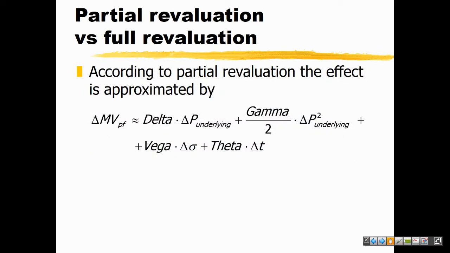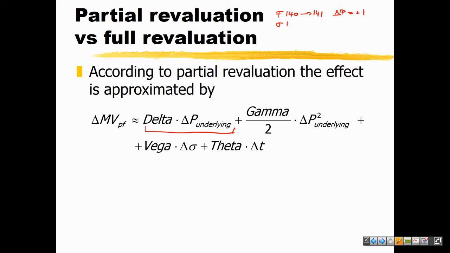Partial revaluation is when you combine the effects of delta, gamma, and vega as a list, or maybe delta, gamma, vega, and theta, and maybe rho if it also matters, in order to model what is the change in the option value. So, for example, imagine that the future is moving from 140 to 141. So you have a delta price of +1.